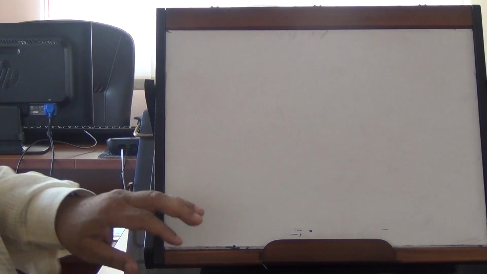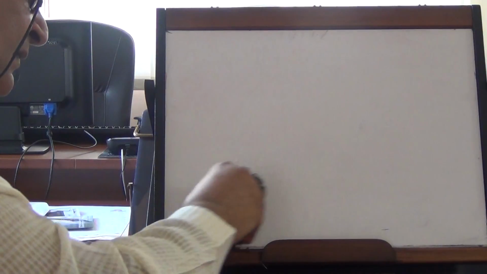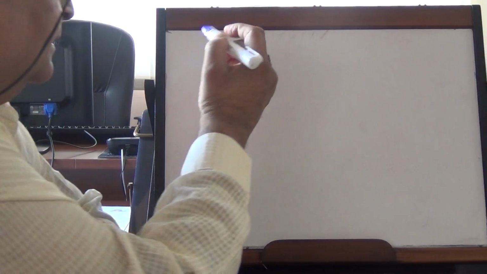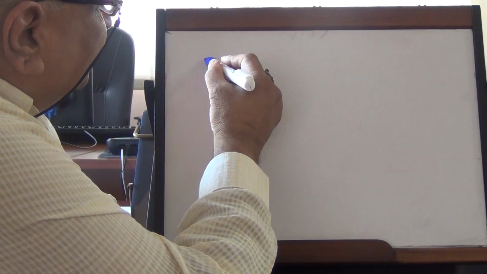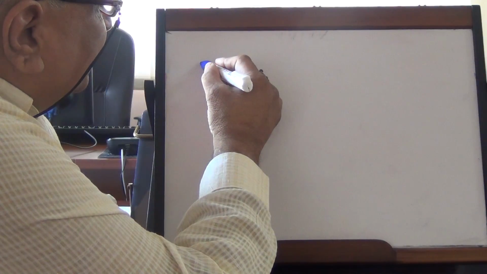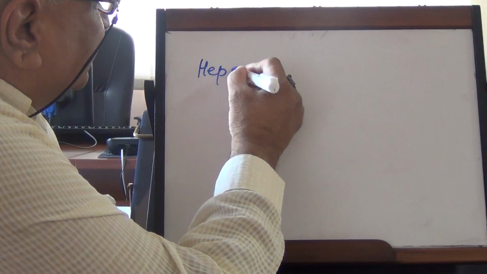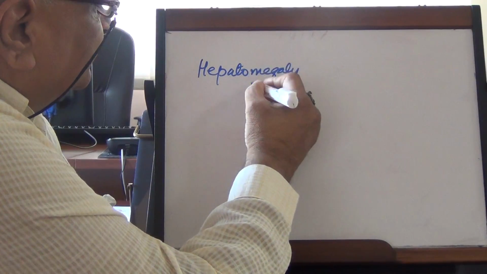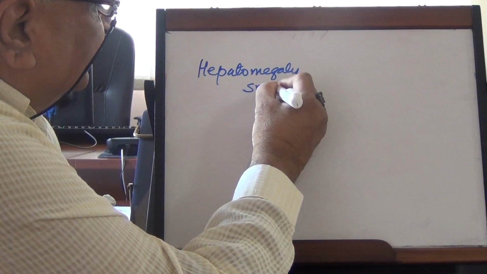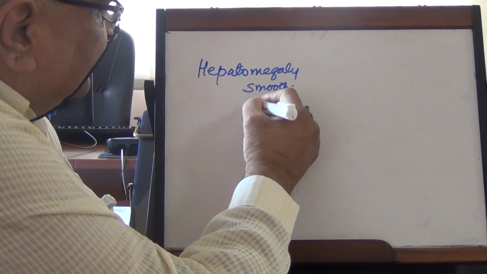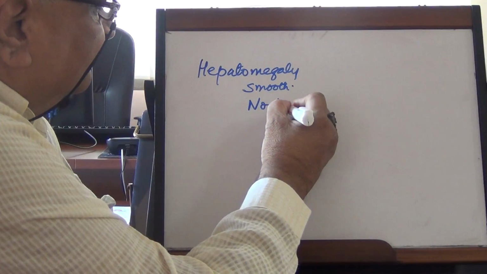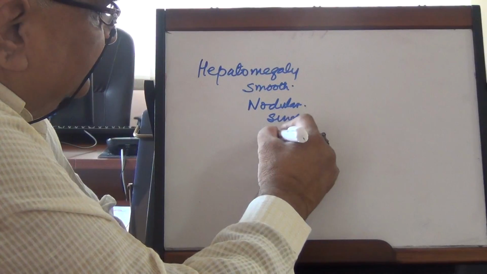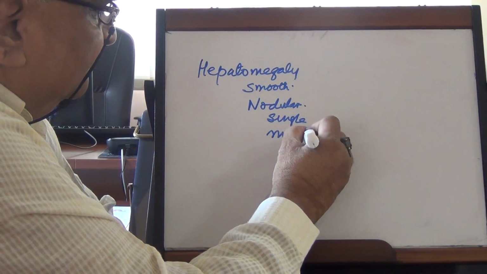Now, supposing there is liver disease, what can it present as? So, the first thing is it can present as hepatomegaly. Either it can be smooth or it can be nodular. Single nodule or multiple nodules.